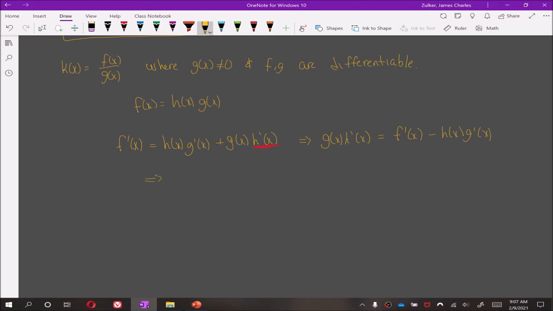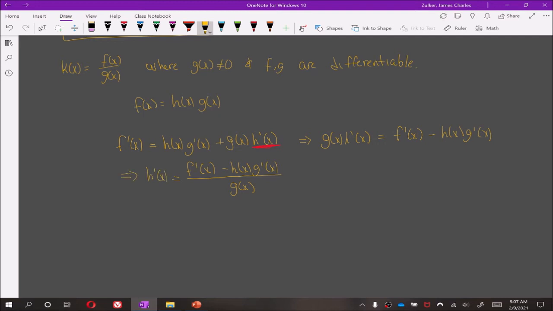Now we have to divide by that g of x. Oops, I'm sorry, I forgot to write h prime of x equals that.